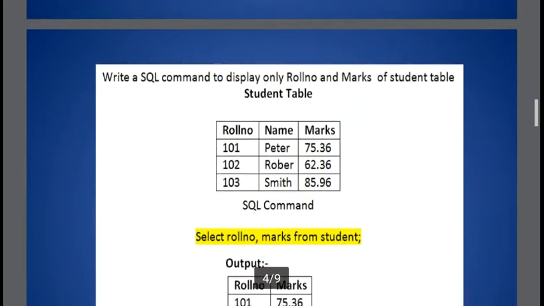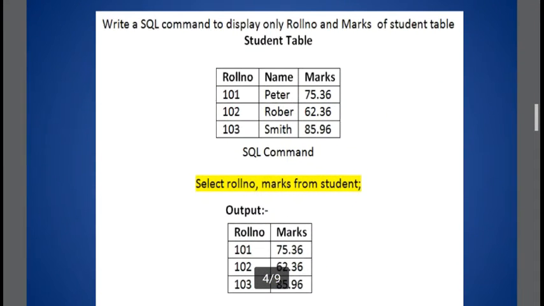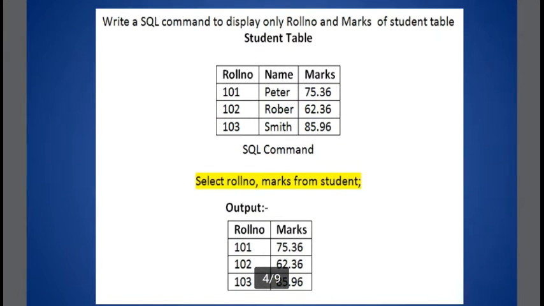Okay students, in the next example I want to see only selected columns, not all columns, because for all columns we must use star after the select command. But if you want to see selected columns: write a SQL command to display only roll number and marks of the student table.